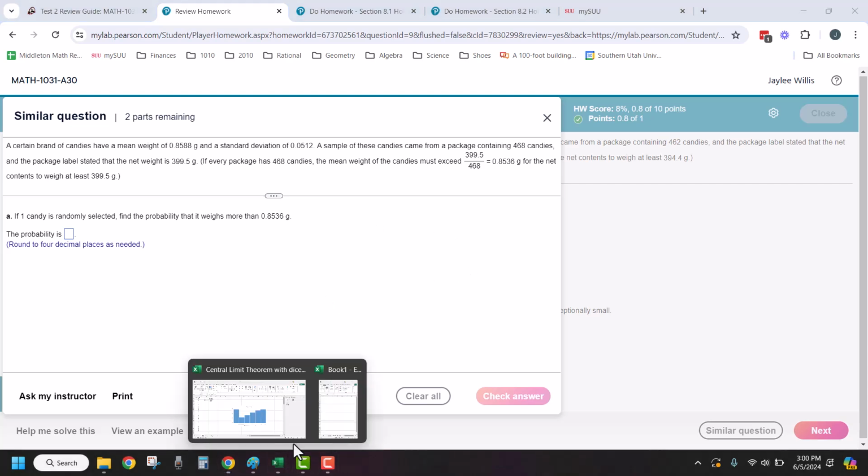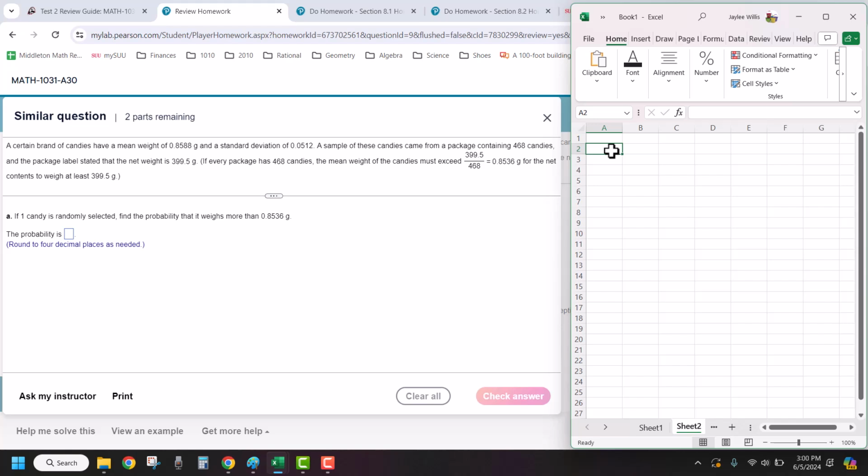So to summarize what we've been given here so far, the population mean, or the actual mean that we have, is given to be 0.8588. The population standard deviation is 0.0512.